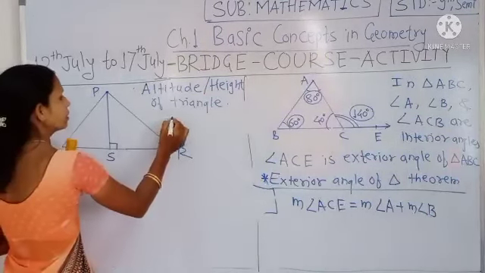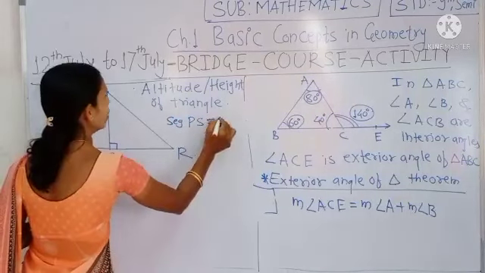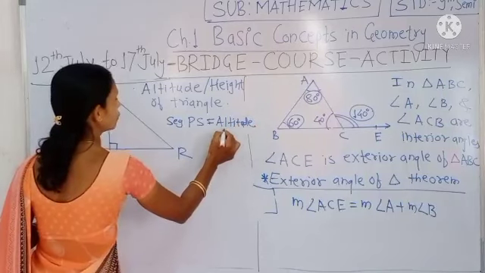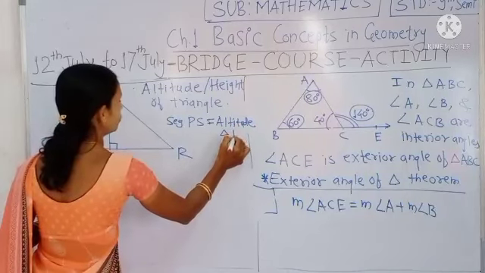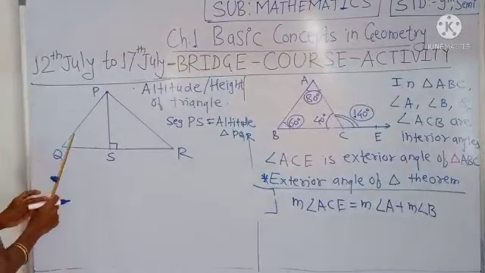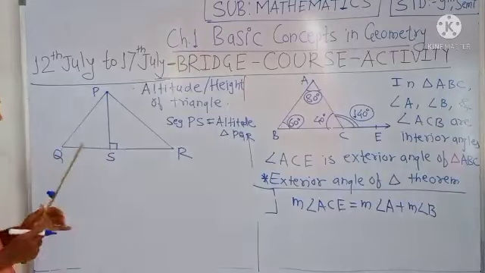Here segment PS is the altitude of triangle PQR. Then we can draw 3 altitudes to that triangle.